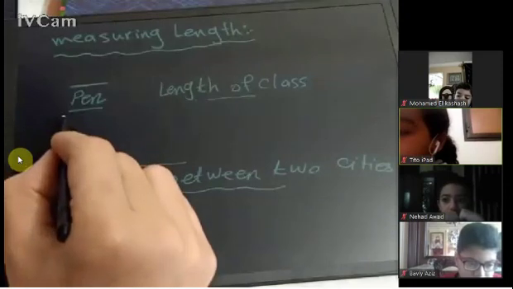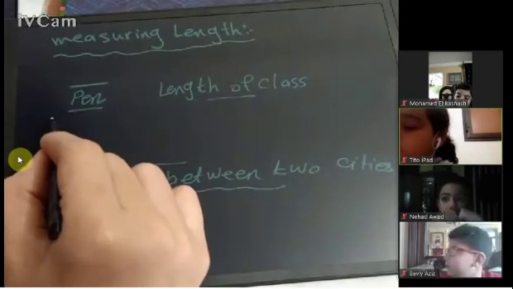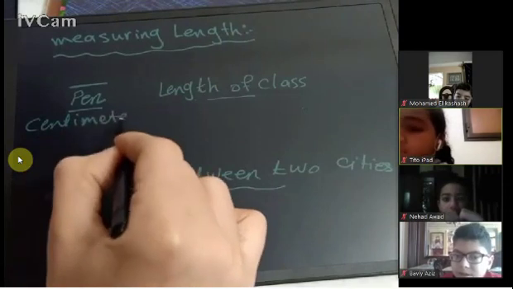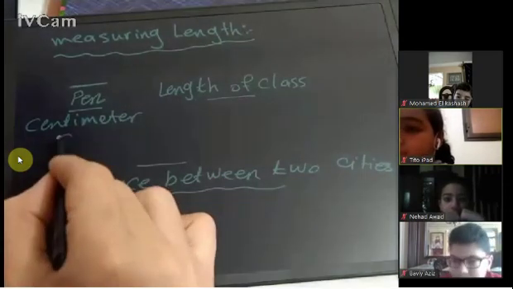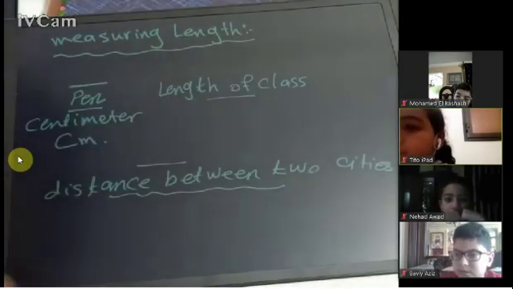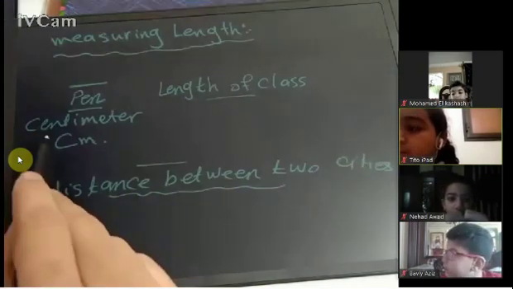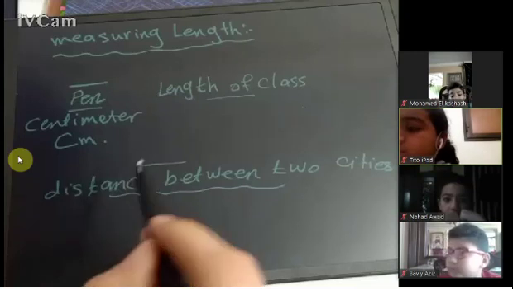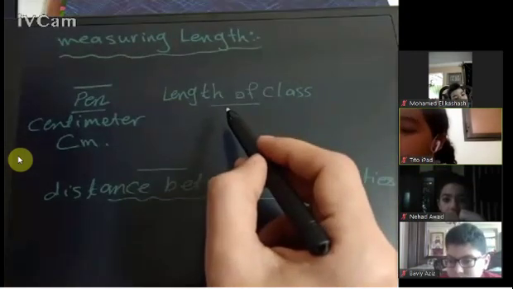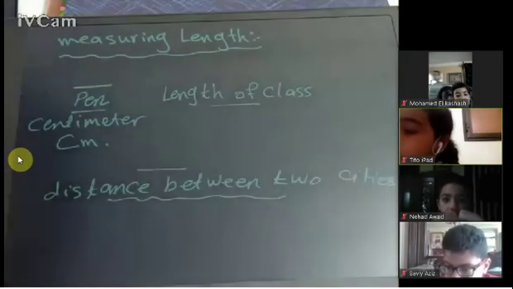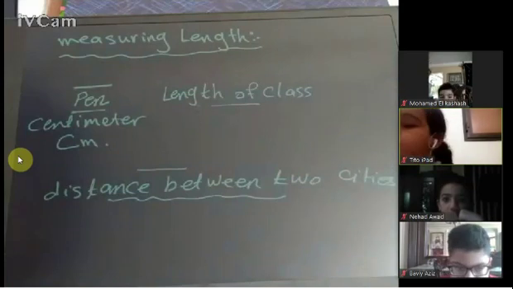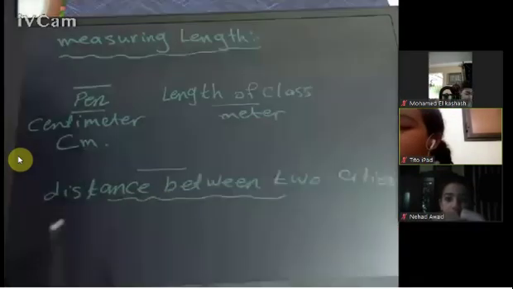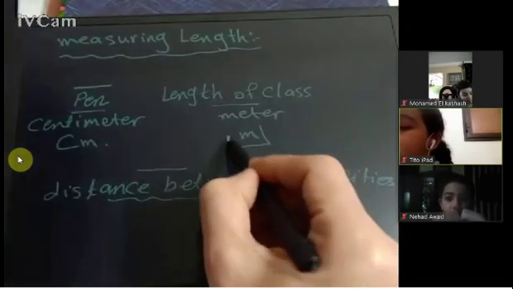For the pen, I will use something called centimeter, and we can write it as cm instead of writing centimeter. This unit is for small things like a pen, a paper, or anything tiny. Then for the length of the class, a little bit longer, or the length of our home or our room, we will use meter, and we can write it as the letter m.